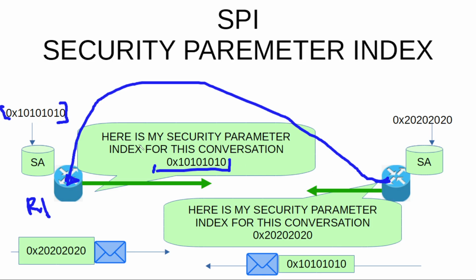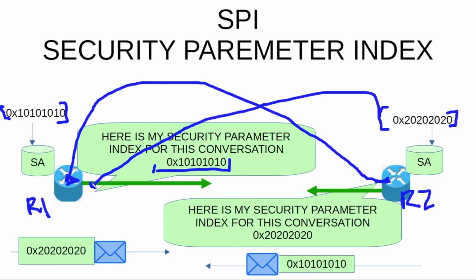So the peer will know that this particular security association that was created for this IPSEC conversation has this number. Likewise, router 2 will create a security association once the IPSEC negotiation is successful in order to identify this particular conversation with router 1. It is going to create a number that uniquely identifies this security association locally, and it is going to actually share this number with its peer.